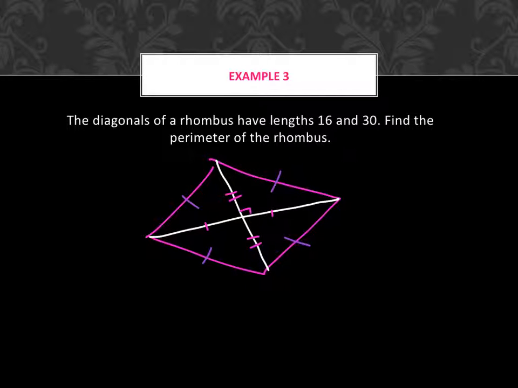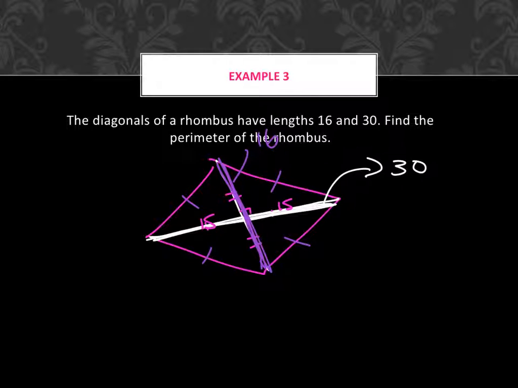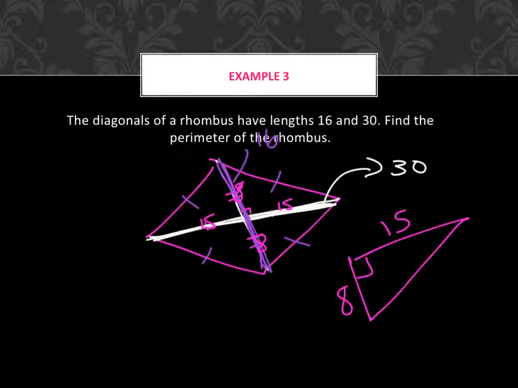So if this whole diagonal is 30, then this is 15 and this is 15. And if this whole diagonal is 16, then this is 8 and this is 8. So we basically have 4 congruent right triangles, 8 and 15.